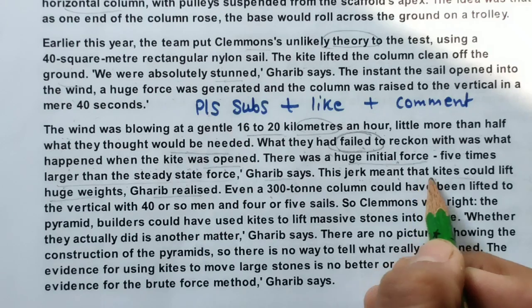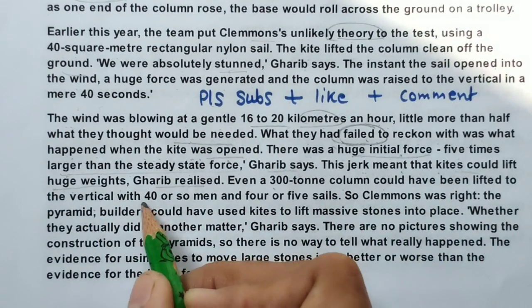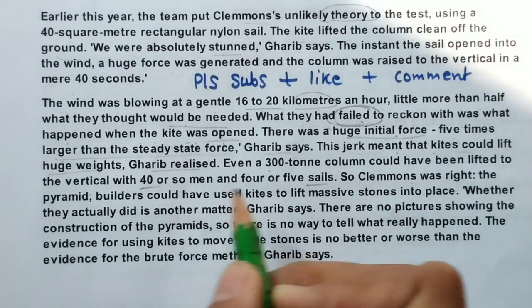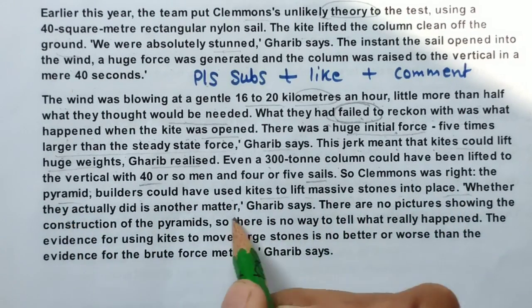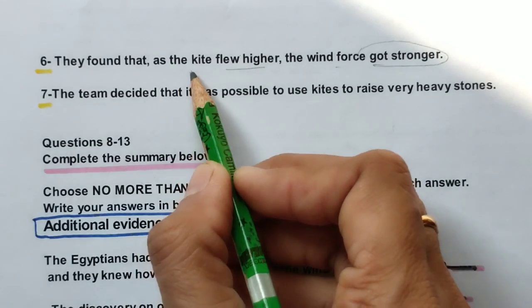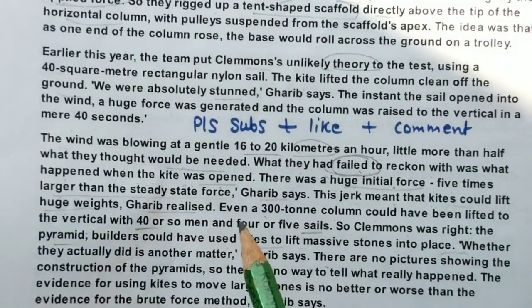Garib says the jerk meant kites could lift huge weights, could have been lifted to the vertical. So Clement was right, pyramid builders could have used kites. But that the kite flew higher and the wind force got stronger, nothing is given like that.